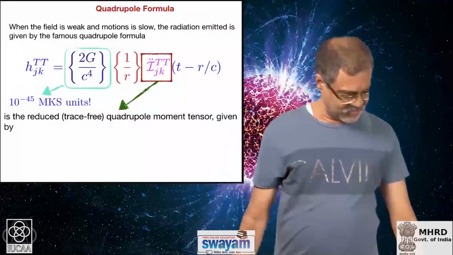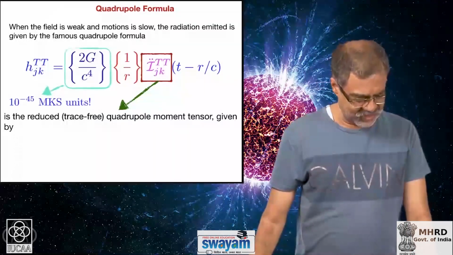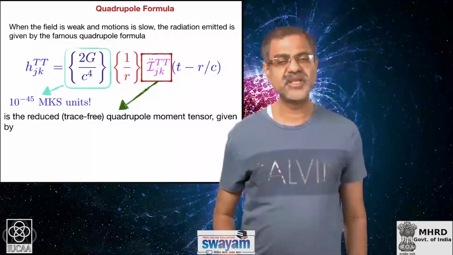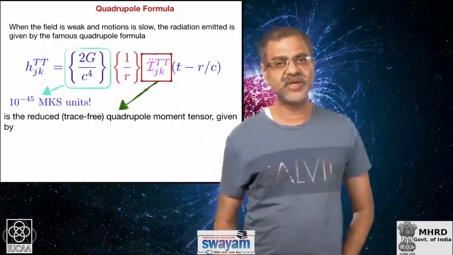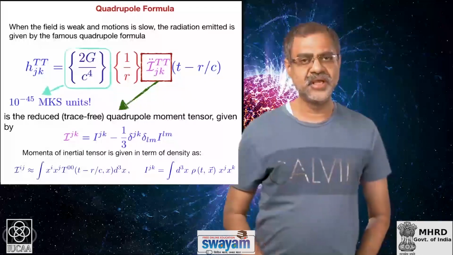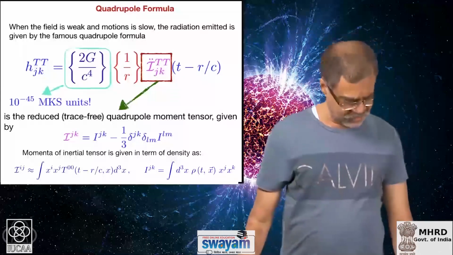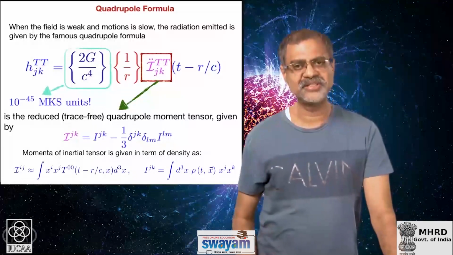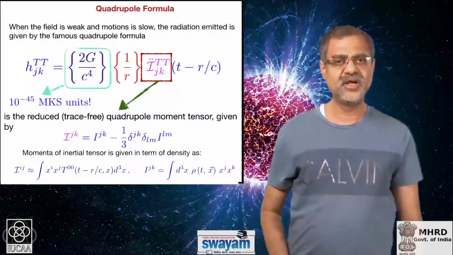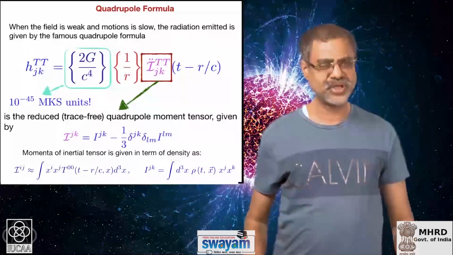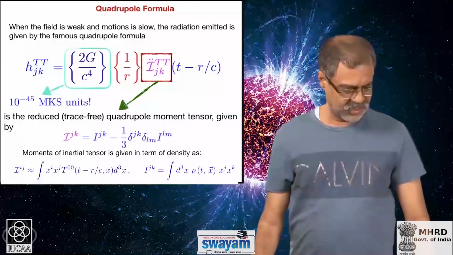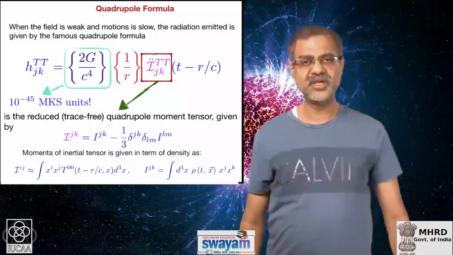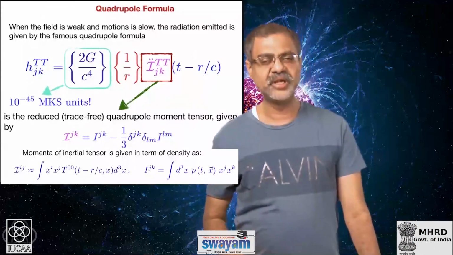The last term which you see is what we call the quadrupole moment tensor, which is the trace free part in the TT gauge. So, it is essentially the quadrupole tensor, which is defined through the moment of inertia whose trace is removed, and it corresponds to the Newtonian quadrupole tensor related to density through the equation given below.